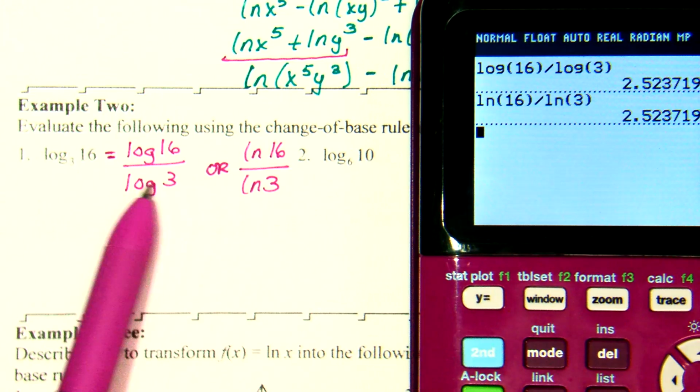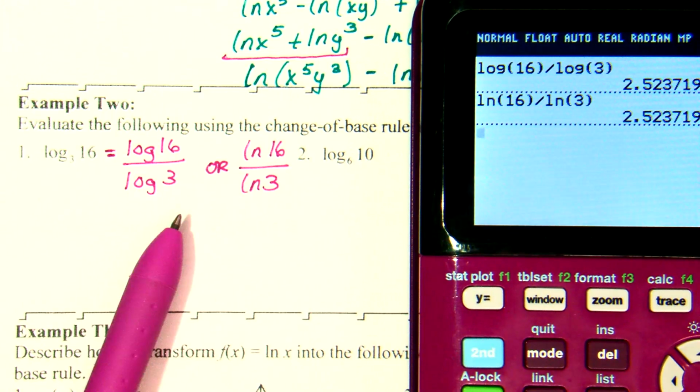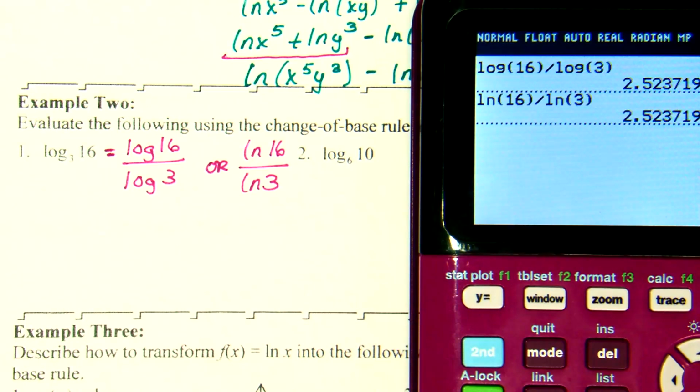Do these fancy TI-84s do any base technically? Yes, they do. I would say, the scientific calculators that you used last year, can they do any base log? No. If you find it on the TI-84s, do they do it? Yes.